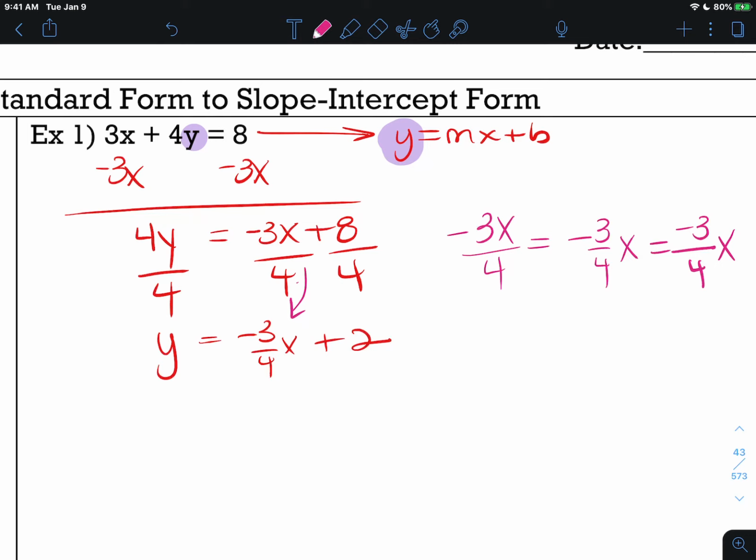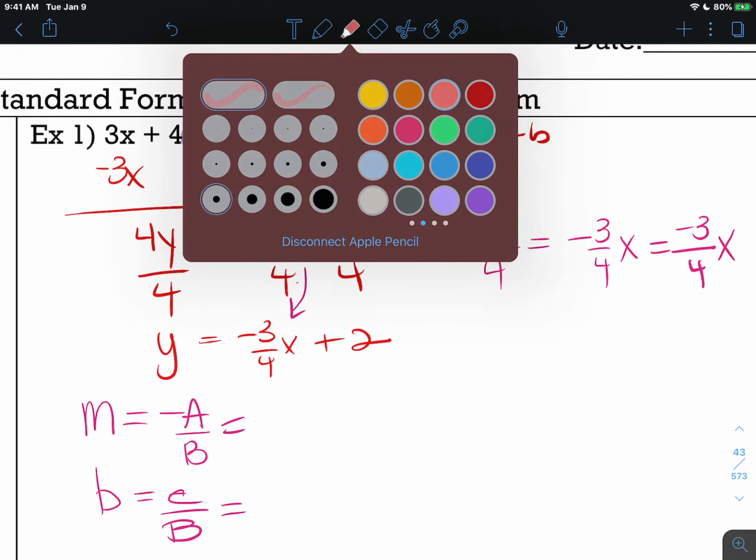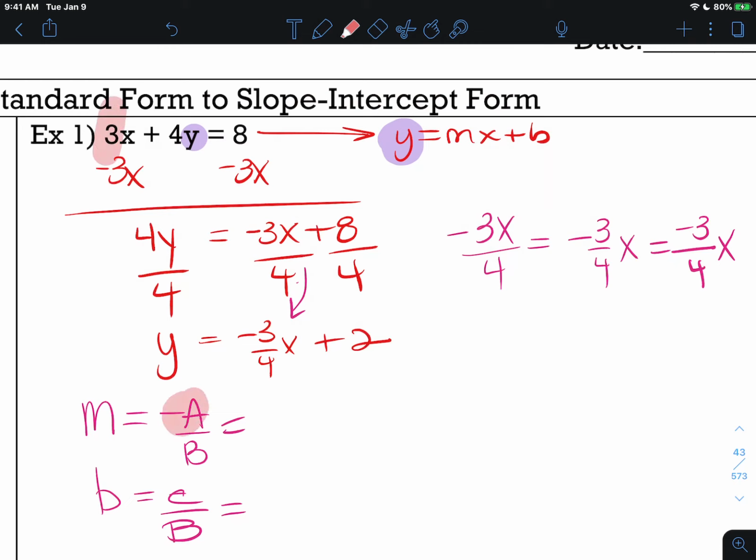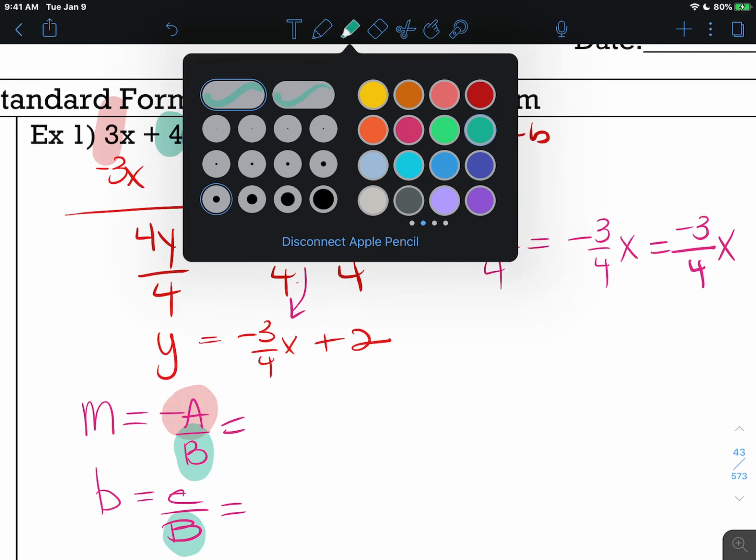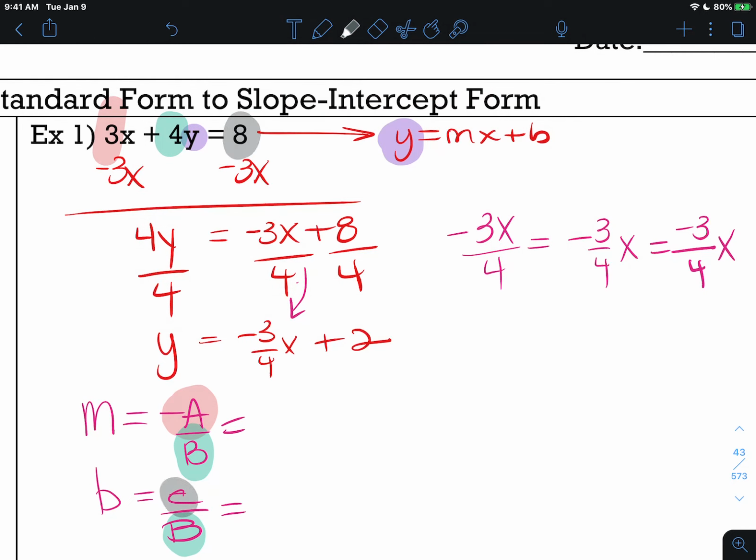So just to verify my answer, I'm going to go ahead and say slope is negative a over b. Y-intercept is positive c over b, okay? So I'm going to go ahead and color coordinate. Here's my A. Here's my B. And here is my C. Let's plug those in.